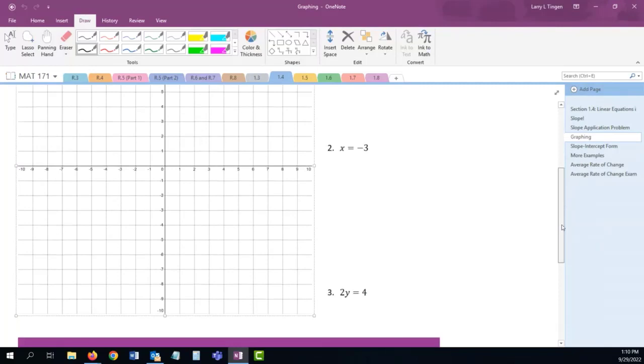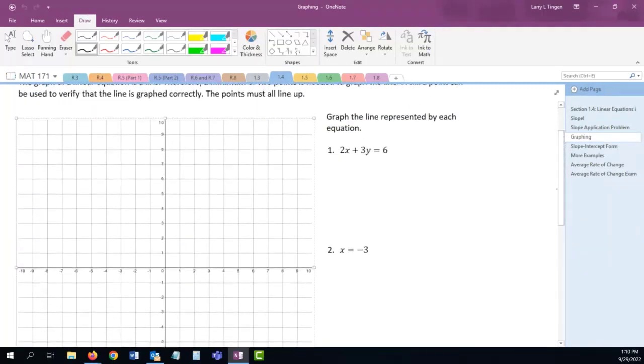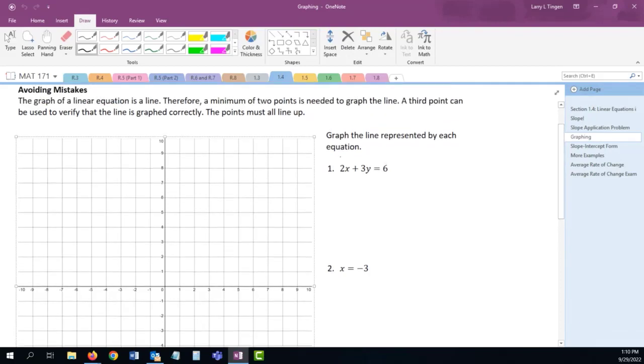And the last one is 2y equals 4. These are all just different lines, okay? None of them is quite like the other. So if I want to graph a line, and I know it's a linear equation, so the 2 variables and the power of y is 1, the power of x is 1.